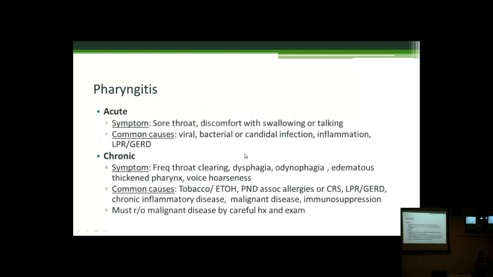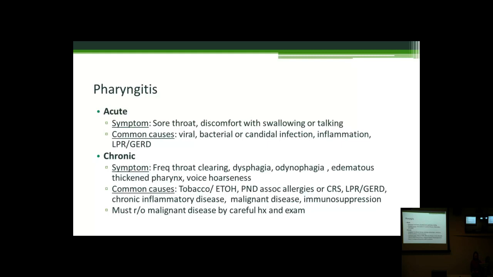Pharyngitis, acute: sore throat, discomfort, trouble swallowing. The voice might become a little hoarse with that. Typically associated with a viral, bacterial, or candidal infection, or other forms of inflammation, most commonly reflux disease. Chronic pharyngitis, typical symptoms would be frequent throat clearing, dysphagia, meaning trouble swallowing, odynophagia, meaning pain with swallowing, some inflammation, swelling around the back of the throat, and some hoarseness of the voice.